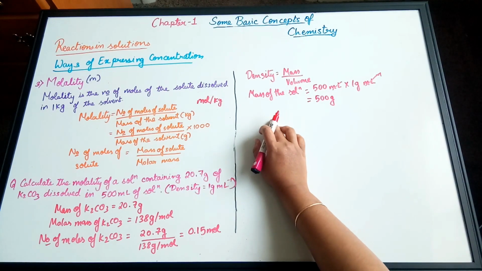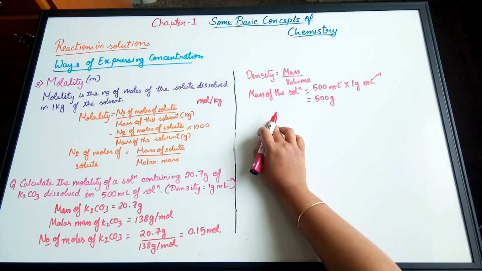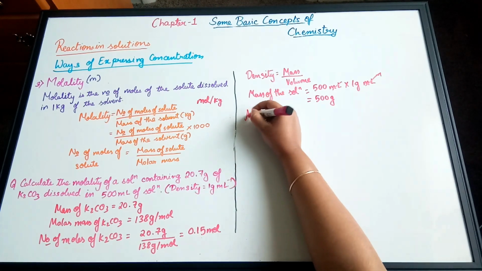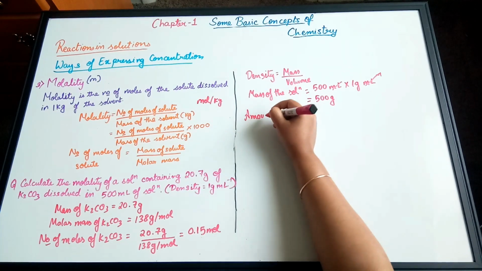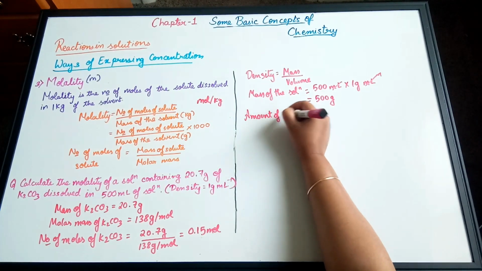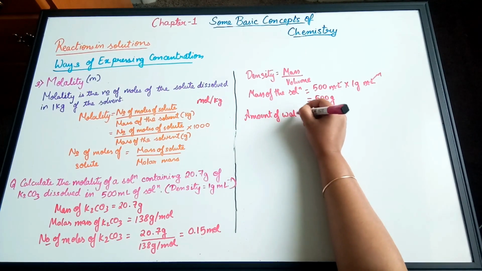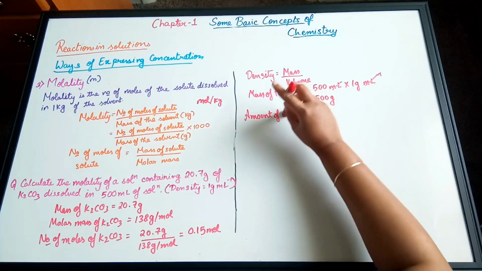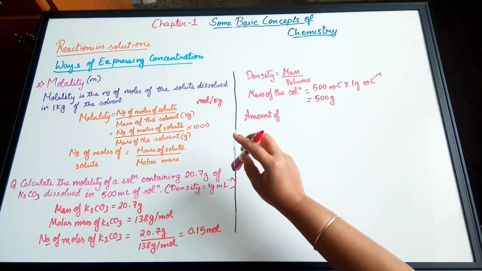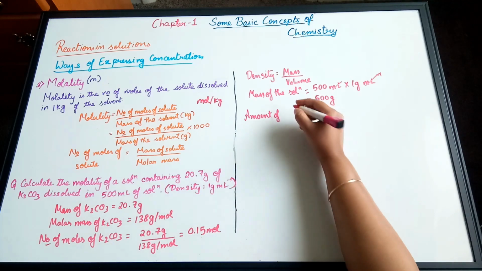Now I can just substitute, right? No, because here we need the mass of the solvent. We don't want the mass of the solution, we want the mass of the solvent. So the amount of the solvent, since it's not mentioned, I'm just going to write solvent because here we've not mentioned that the solution has water.